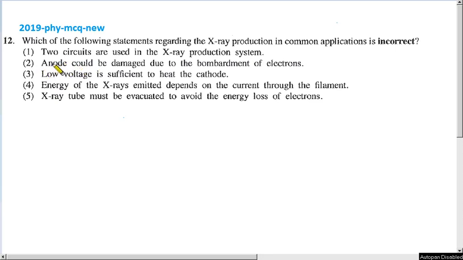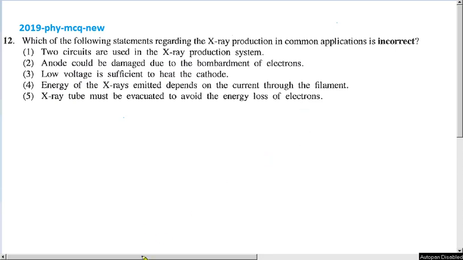Second one, anode could be damaged due to the bombardment of electrons. Third one, low voltage is sufficient to heat the cathode. Fourth one, energy of the X-rays emitted depends on the current through the filament. Fifth one, X-ray tube must be evacuated to avoid the energy loss of electrons.